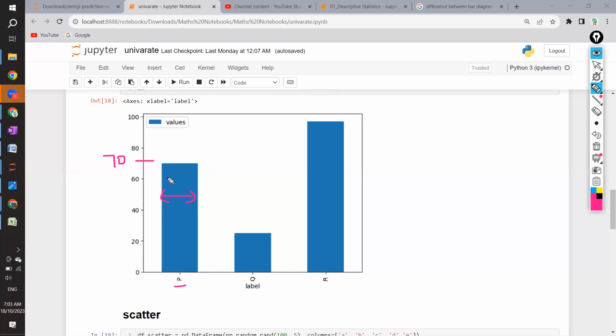Even if you draw a single line, or a large width, or a medium width, it is still 70. The width could be anything, it is not referring to anything. Here also you can have it small, and it also works.